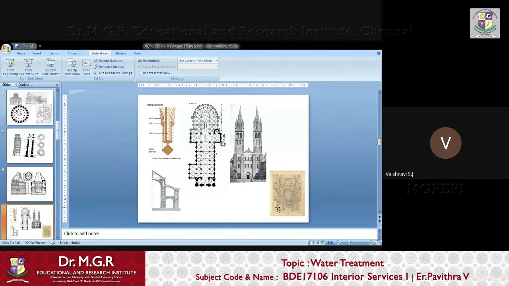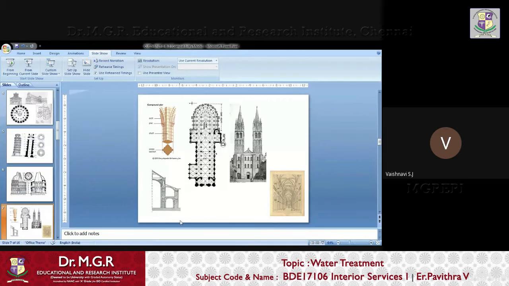No. I'm not asking about the material. The name of the vault. Barrel vault? No. They've used two types of vault.